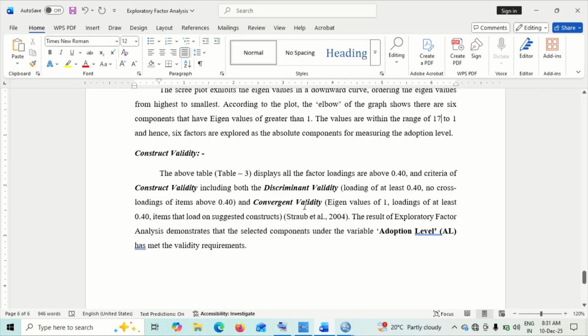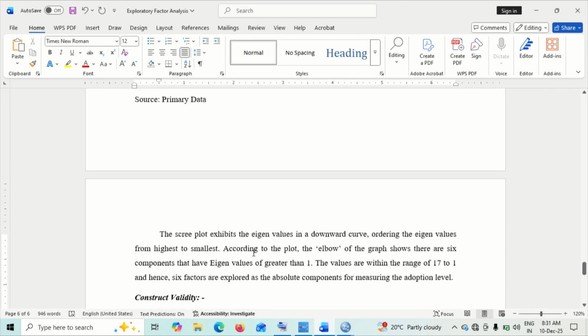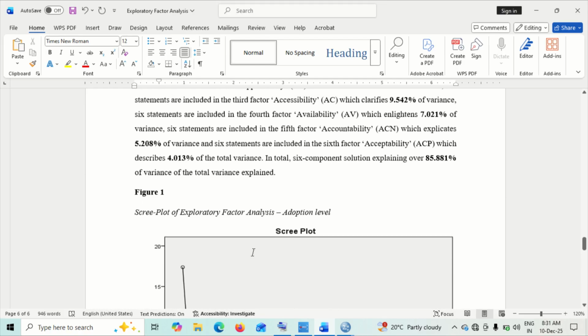And again the convergent validity, eigenvalue of 1 and loading at least 0.40, items that loaded suggested constructs. That is given by Strobel et al., 2004. The result of exploratory factor analysis demonstrates that the selected components under the variable adoption level have met the validity requirements. This is the interpretation of exploratory factor analysis.